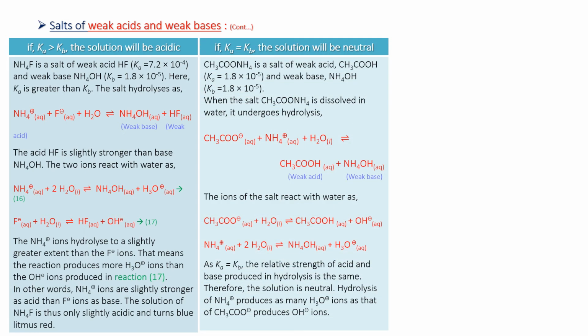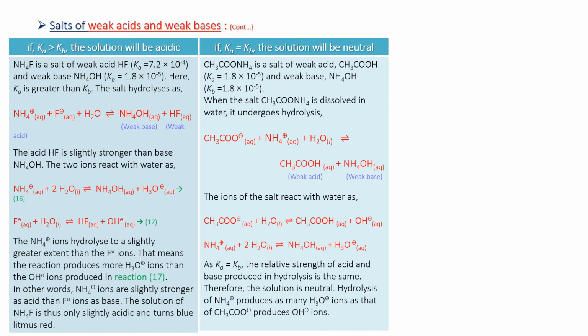Now next we see that is our Ka is equal to Kb. So now what happens? If Ka is equal to Kb, the solution will be neutral. So see the example, that is CH3COONH4.